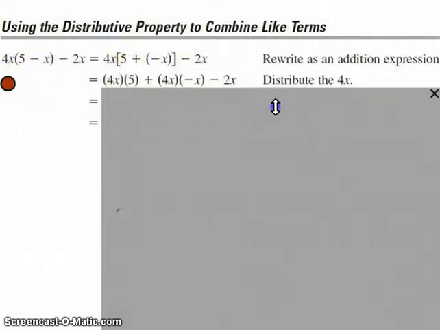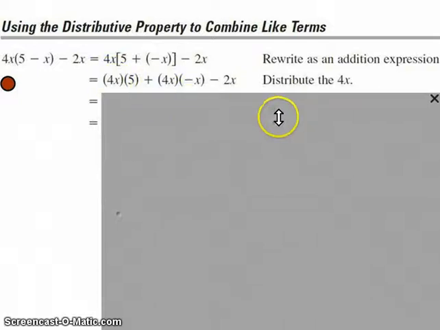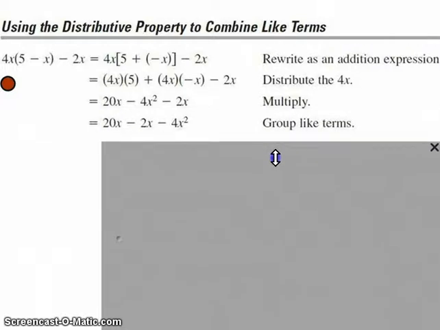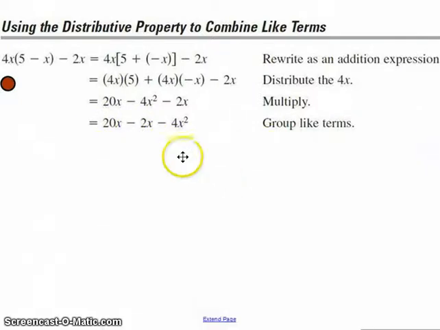And they got 4x times 5, or in other words, 20x, and they got 4x times -x, or in other words, -4x squared. Now they've got 20x minus 2x. They should have kept going, shouldn't they? And they should have put those next to each other. Yes, 20x minus 2x, but those like terms, they should have kept going and said that was 18x. So the final answer ought to have been 18x minus 4x squared.